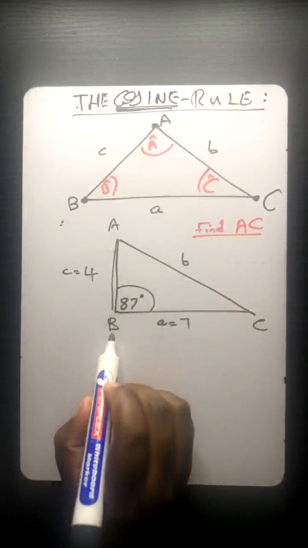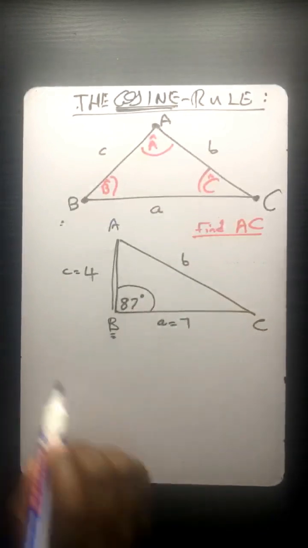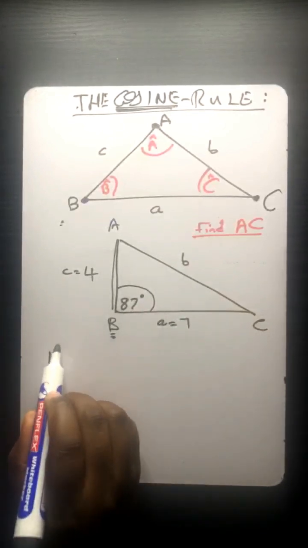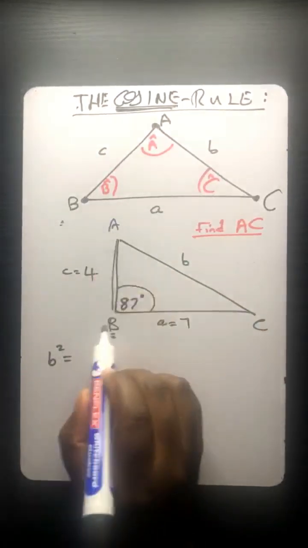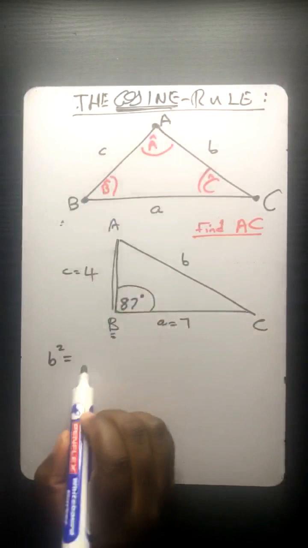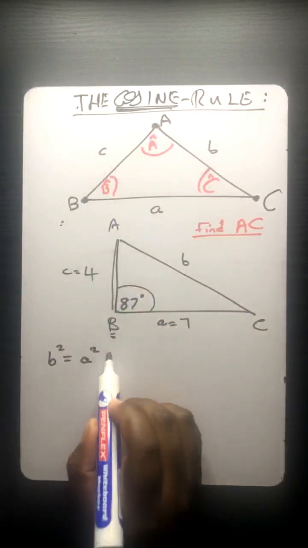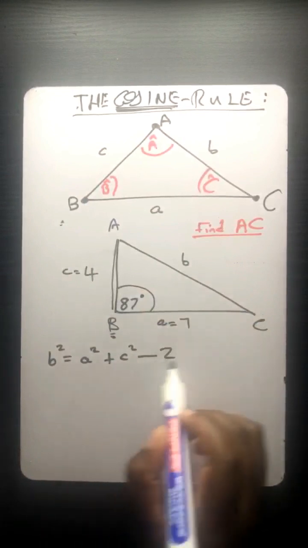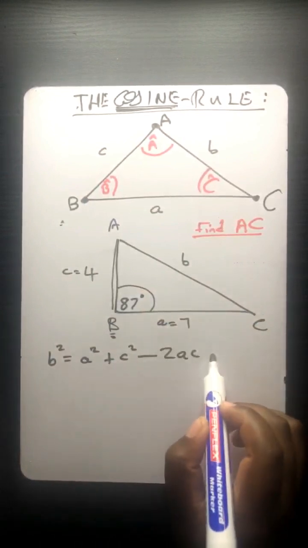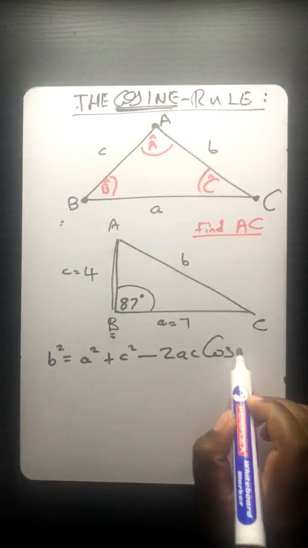Because it is angle B that I have, the side I'm going to calculate is side b. Then I have that side and that side. This one is a, so I'm going to have a squared plus c squared minus 2 of those same sides, a and c, remember the cosine rule, cosine of that bigger angle.